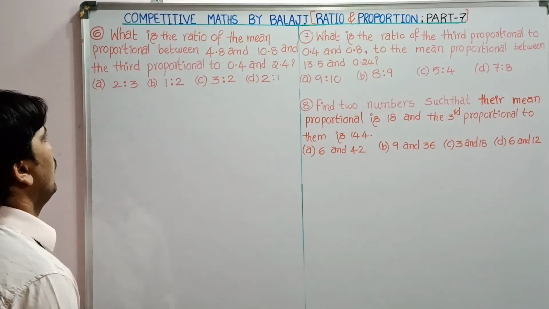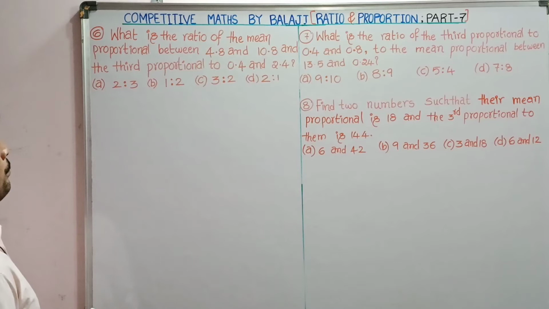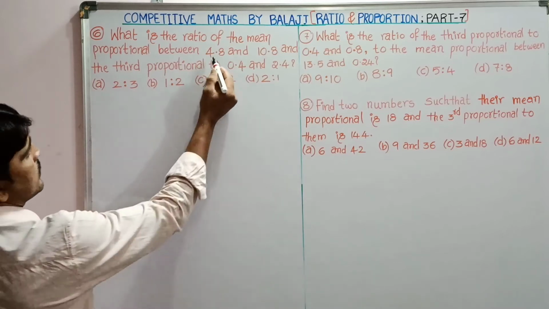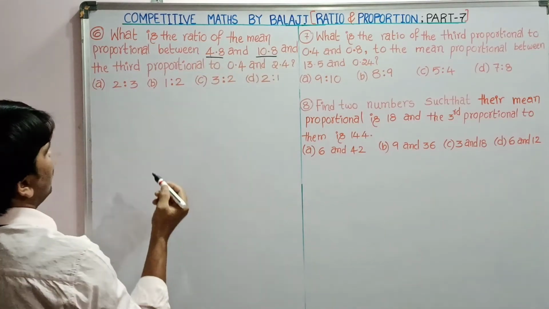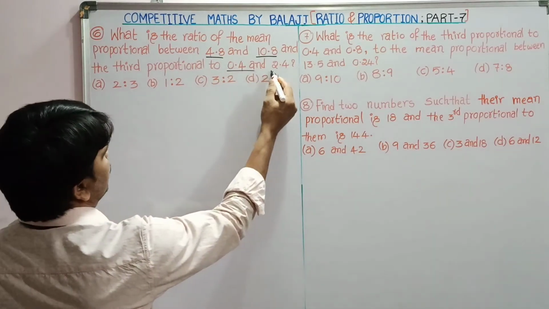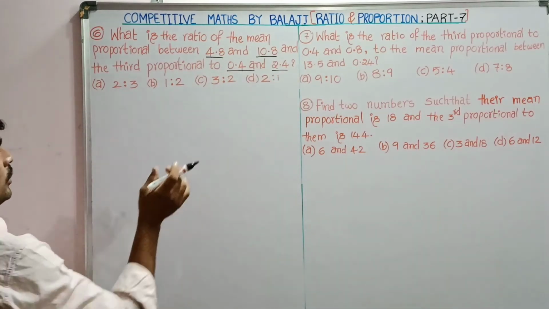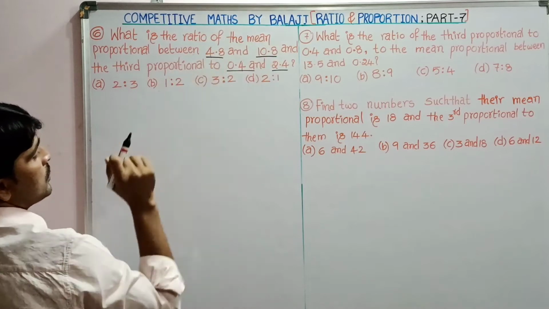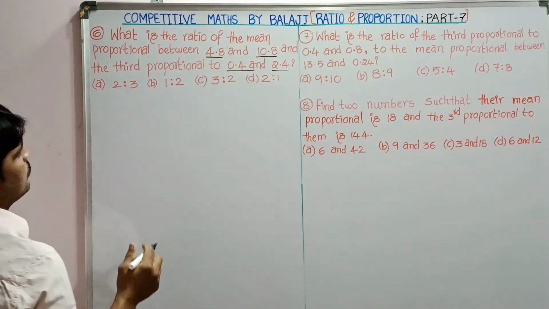Sixth question. What is the ratio of the mean proportional between 4.8 and 10.8 and the third proportional to 0.4 and 2.4? We have to find the ratio between the mean proportion of these two decimals and the third proportion of these two decimals.